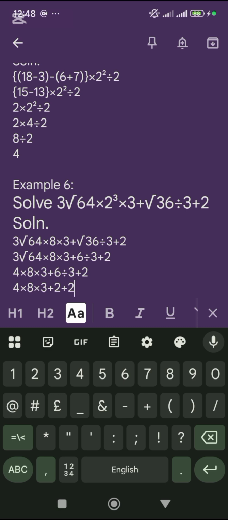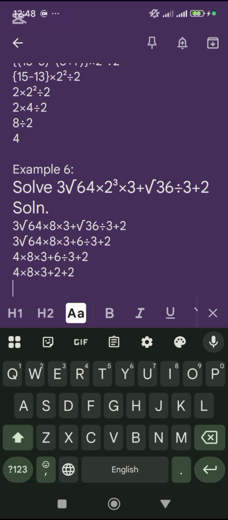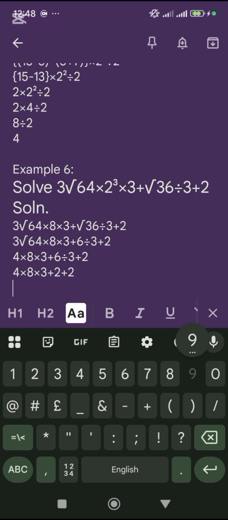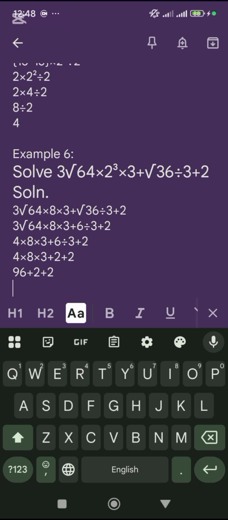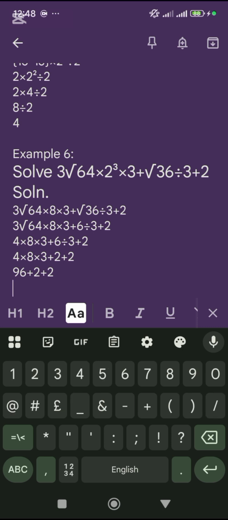Okay, so we move on to multiply. 4 times 8, then times 3, that will give us 96. We now have plus 2 plus 2. Okay, we can now add the whole of this to give us 100. All right, and this becomes our answer.